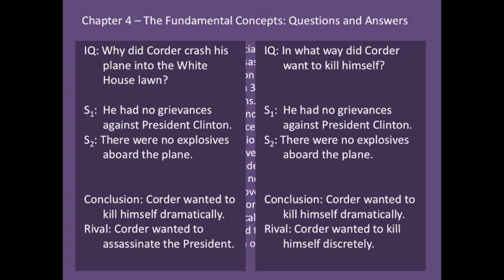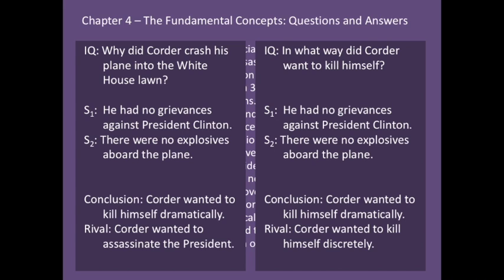And one way we can show that we understand the argument is by stating what some of those other possible answers are. So, if the question is, why did Corder crash his plane into the White House lawn? We understand that the different possible answers include things like wanting to kill himself dramatically and wanting to assassinate the president. And by being able to state what those rivals are, we show that we understand the meaning of the argument.